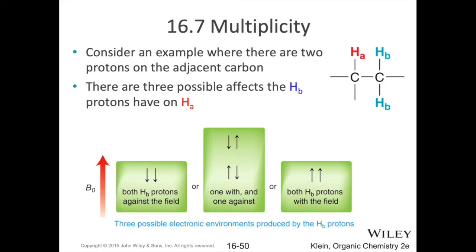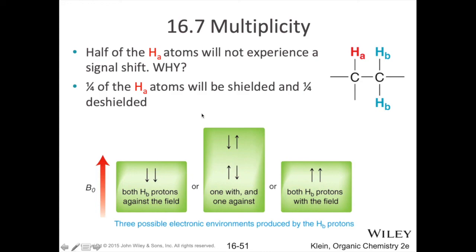But now there's another scenario, where you have one with and one against. That's going to be in between. But there are 2 possible ways this scenario could arise. You could have this hydrogen be with and this one be against, or you could have this one against and this one with. So these are the 2 scenarios. The probability is double for that middle scenario where one is with and one is against.